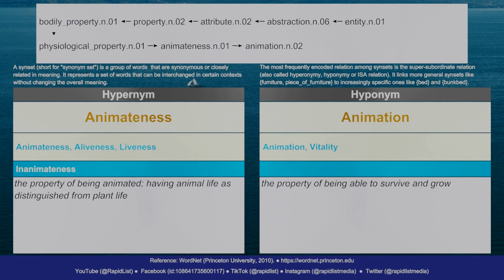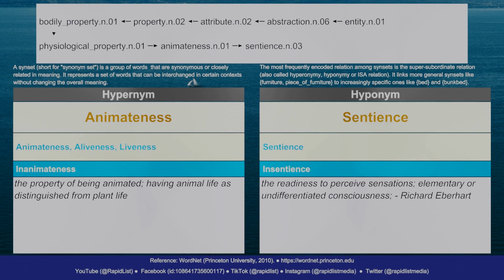The vitality of a seed. Sentience. The readiness to perceive sensations, elementary or undifferentiated consciousness, Richard Eberhardt. Gave sentience to slugs and newts.